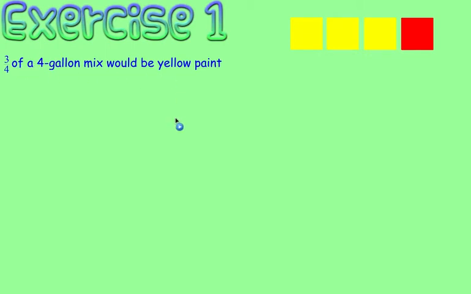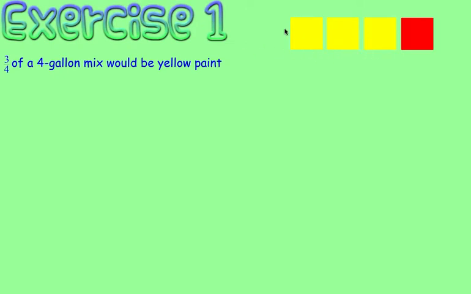All right, so for the first exercise, we're looking at George, who is mixing a special shade of orange paint. He mixes 1 gallon of red paint to every 3 gallons of yellow paint. Okay, so I have these squares up here that are representing my yellow and my red. All right, so in 3/4 of a gallon, I want to know if 3/4 of a 4-gallon mix would be yellow paint.